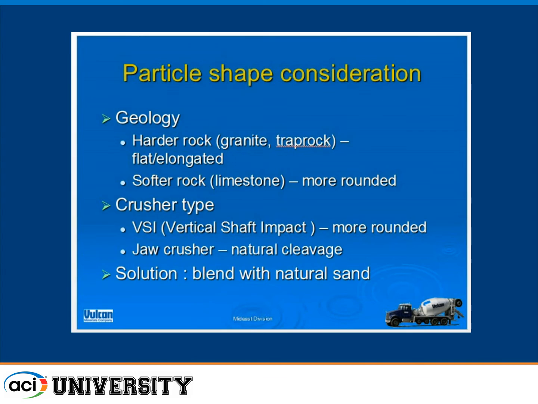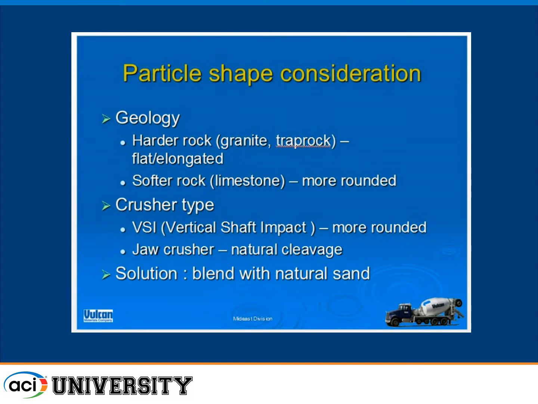If it's granite and trap rock, which are much harder rock, you tend to get more flat and elongated pieces, versus natural sand, which is very rounded, like marbles. Natural sand obviously takes less water to achieve a certain mobility as reflected in the slump. With softer rocks like limestone, you have a much better chance of more rounded aggregates.